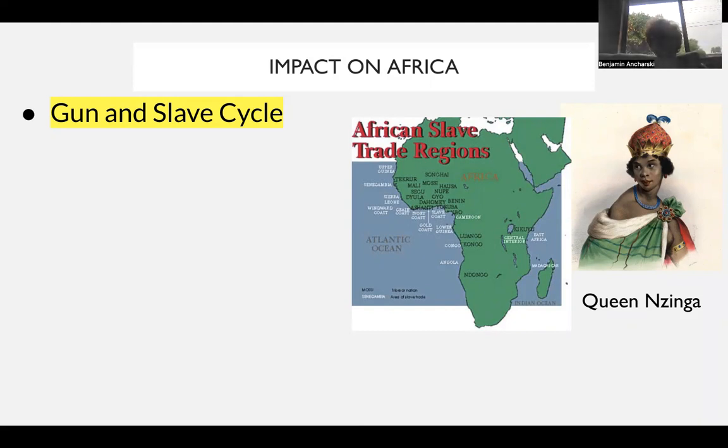And these guns were used in wars to get more slaves. And these slaves were sold to get guns which were used to get more slaves through wars. You get the picture. That's basically what the guns and slaves cycle is. It is going to allow for a continuous cycle of warfare within places like West Africa.